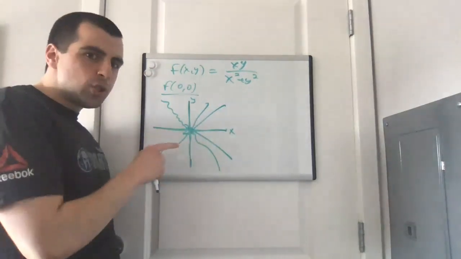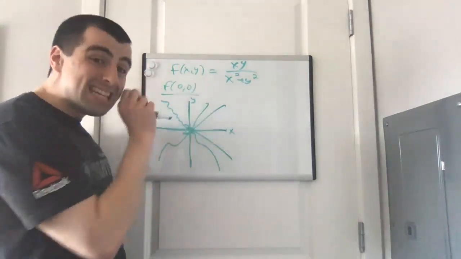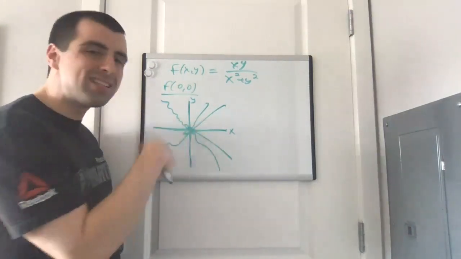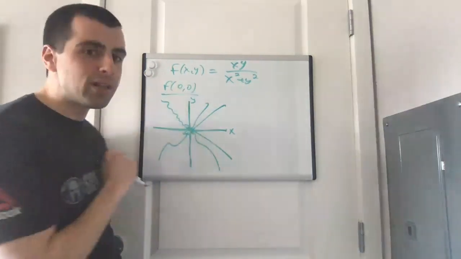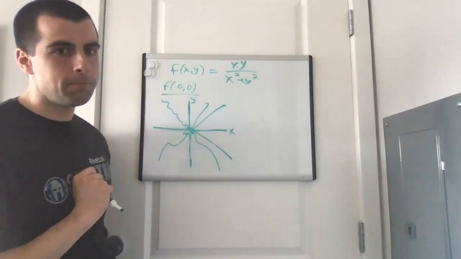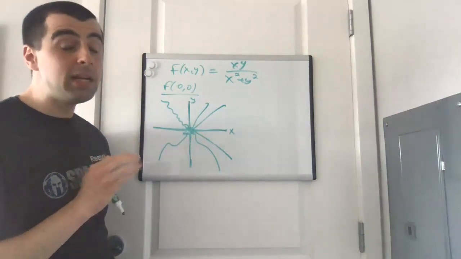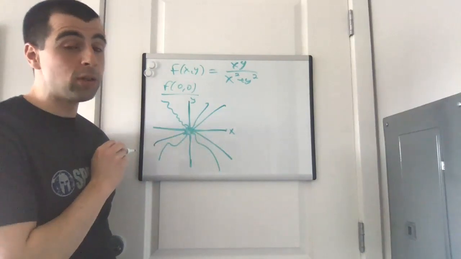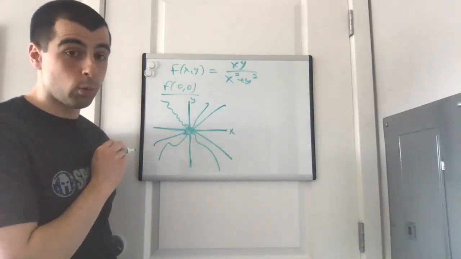So what we need to do to show this limit exists is show that every single trajectory going to my point 0, 0 goes to the same exact function value. Now, how many different directions are there? There's infinitely many. So it would take a very long time to prove that all of them work.